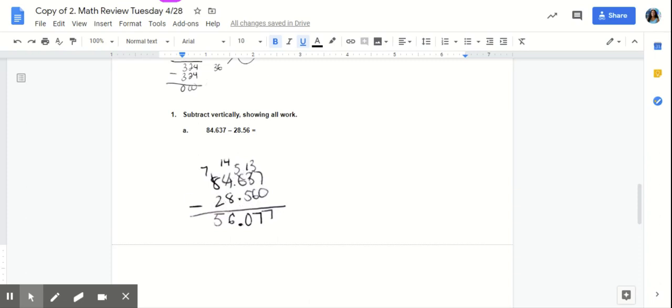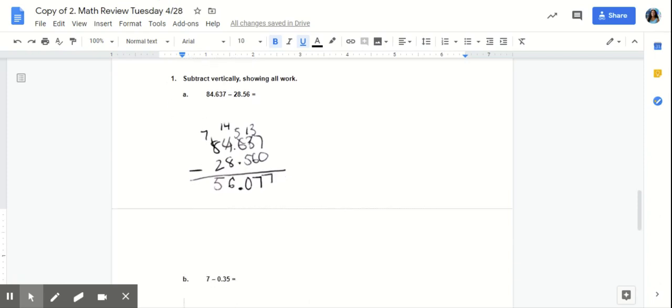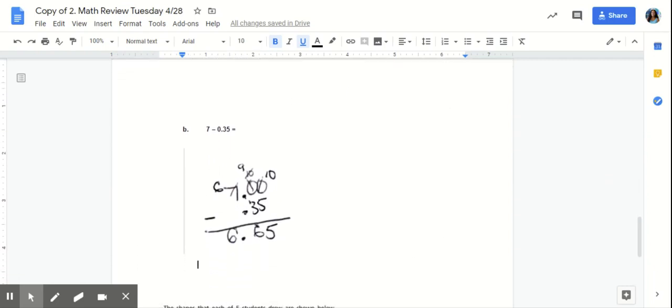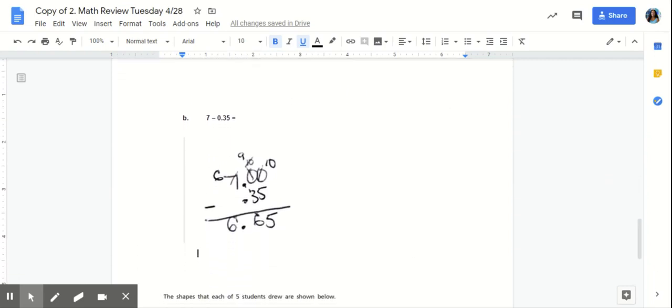If your answer is incorrect, please revise and make sure that you fix your mistakes. Same for 7 subtracted by 3/500. You should have gotten 6 and 497/500.